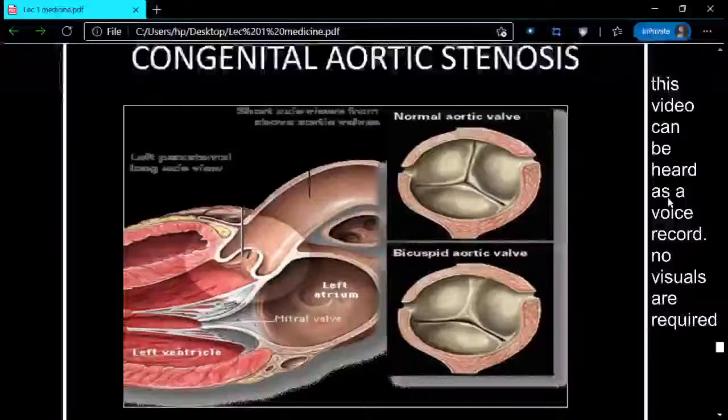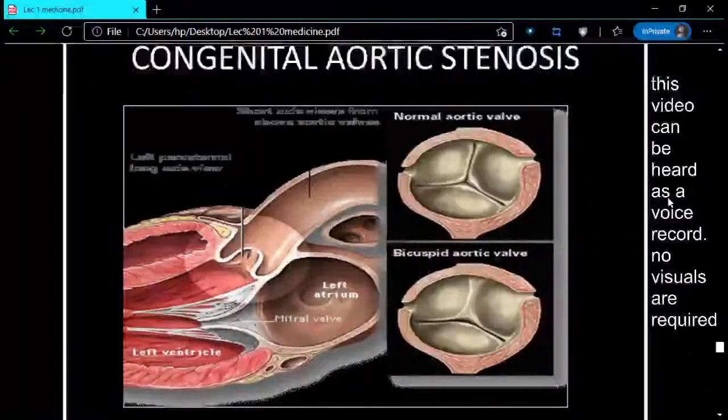Congenital aortic stenosis. There are the normal aortic valve and the bicuspid aortic valve.